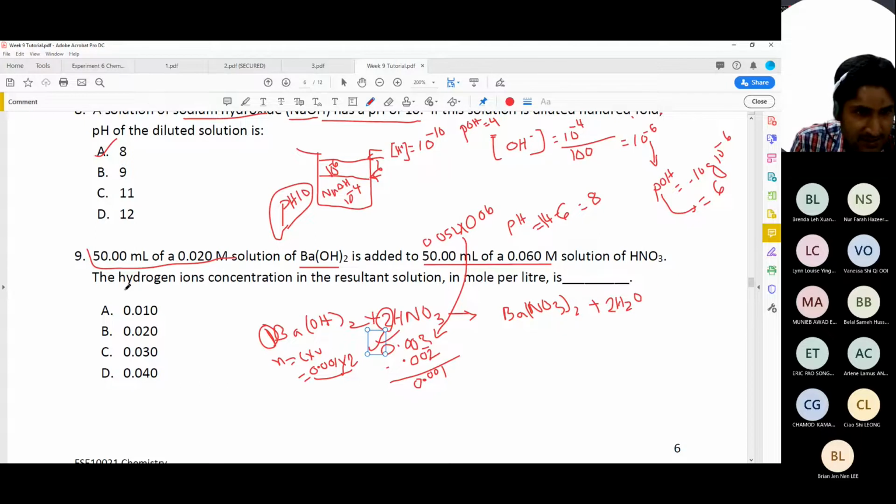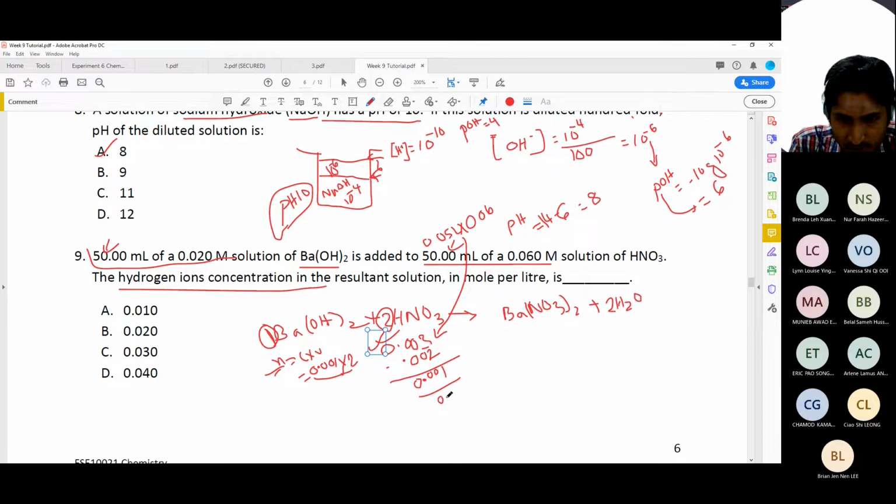Now, the question says hydrogen ion concentration. This is the number of moles we are doing so far, but the question is asking about the concentration. To find the concentration, I have to divide by the volume. What is the volume here? 50 milliliter and 50 milliliter. When I add it up together, it becomes 100 milliliter.